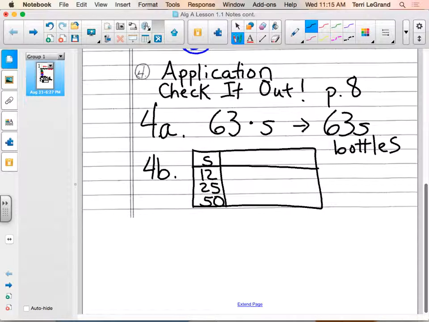And then we're going to use our expression that we just set up, because that's why we set it up, so it would help us calculate the number of bottles. And then lastly, in this last column, this will be the total number of bottles that we're going to need.